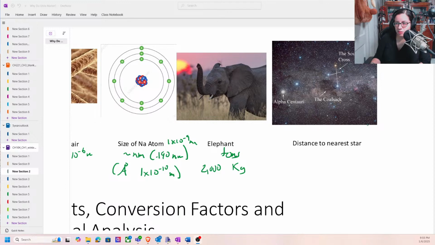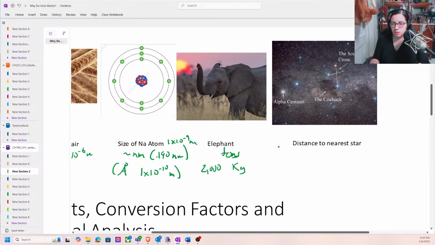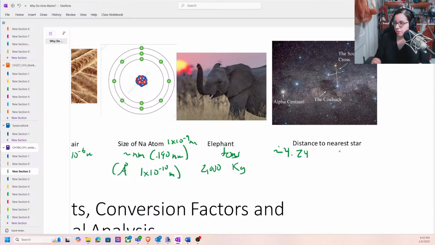Anyone know the distance to the nearest star? I think if we want to do light years, it's about 4.24, 4.35. I think it depends what star you look at. I'm looking at Proxima Centauri right now, even though I have Alpha Centauri there.